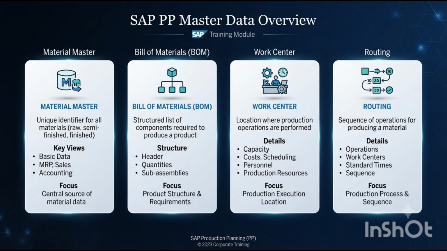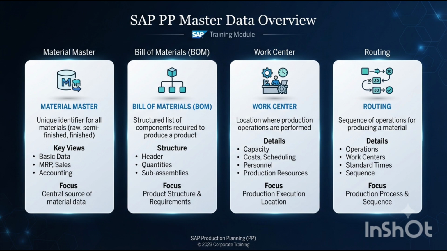Master data is the backbone of SAP PP. There are four critical master data elements. First is material master, which contains all information about raw materials, semi-finished and finished goods. Second is bill of materials, BOM, which tells us what components are needed to make a product.